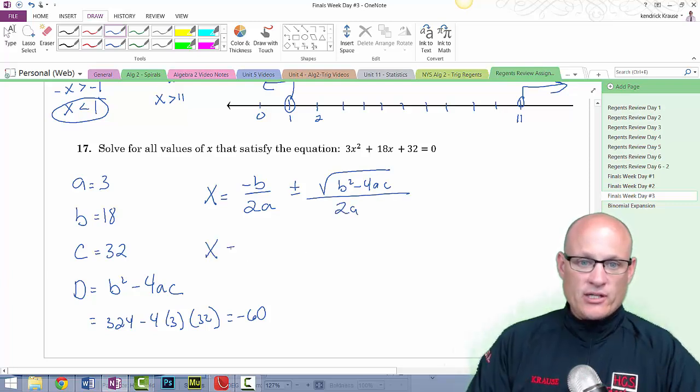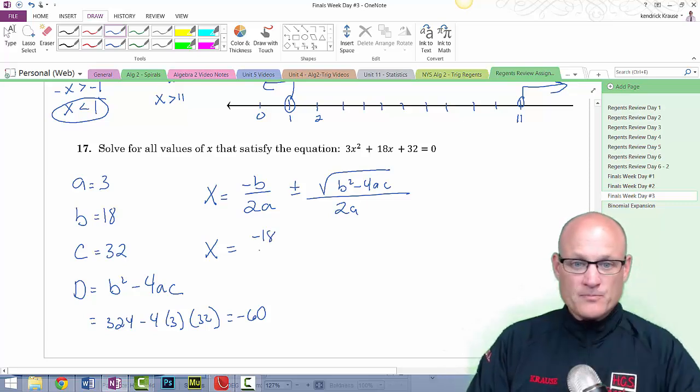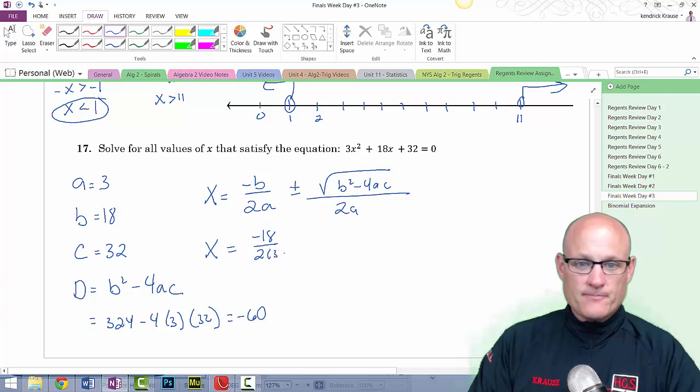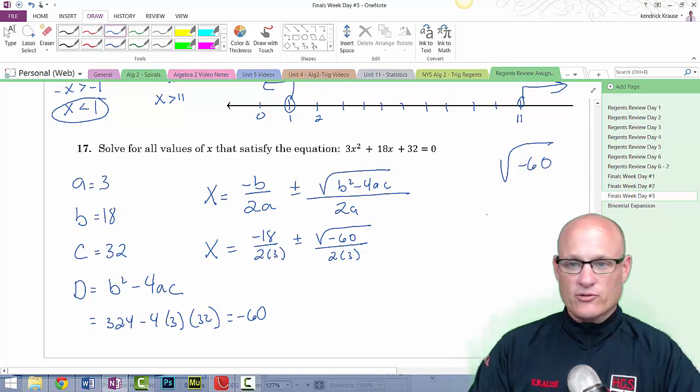So x equals negative 18 over 2 times 3 plus or minus the square root of negative 60 over 2 times 3. If I come over off this side and think about this negative 60, the largest perfect square that goes into that is 4, believe it or not. So negative 4 times 15.